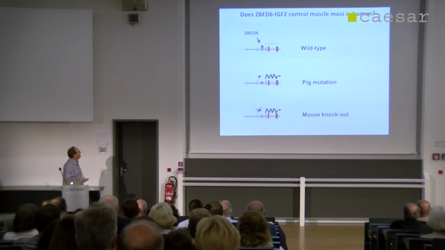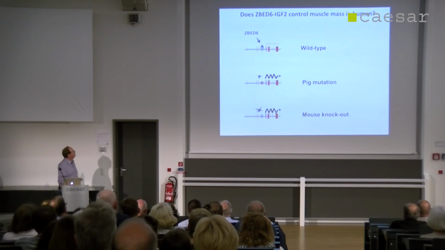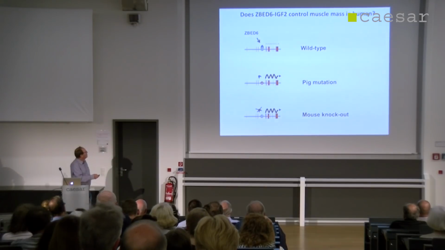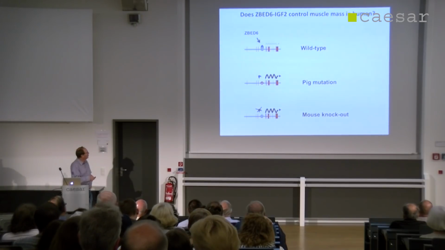So this started with crossing the wild boar to the domestic pig, and we learned something about human biology and the biology of all placental mammals by this approach. What we know is that with the pig mutation we upregulate IGF-2 expression very much, 10 to 30-fold.